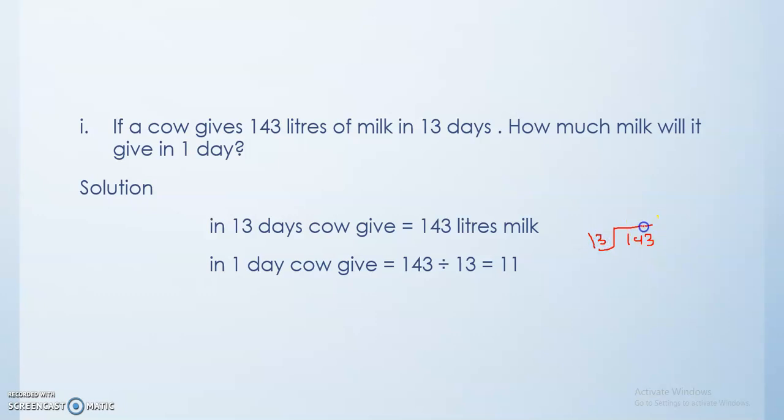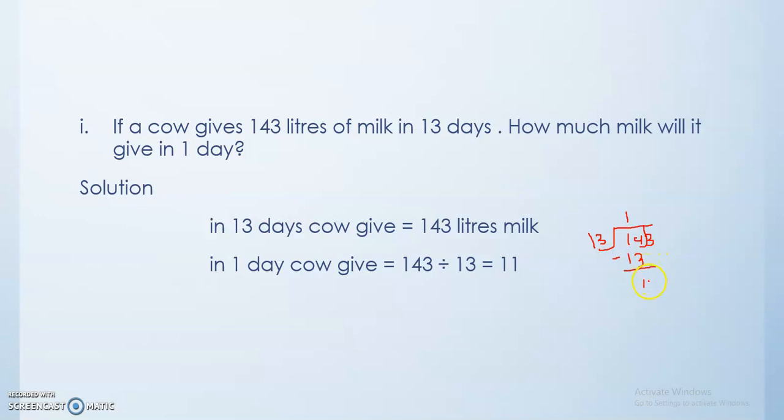First we take 2 digits from the dividend. First we take 14. 14 does not come in the table of 13, but the number smaller than 14 is 13. So 13 ones are 13. Now when we subtract it, 1 is the remainder.